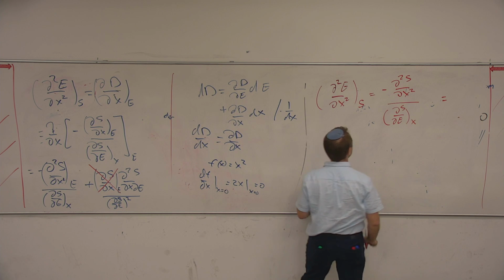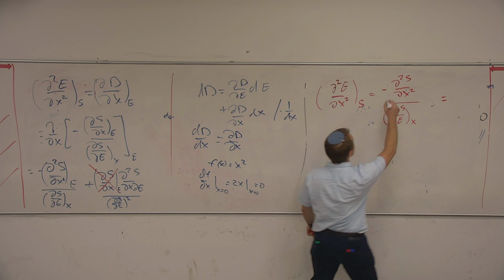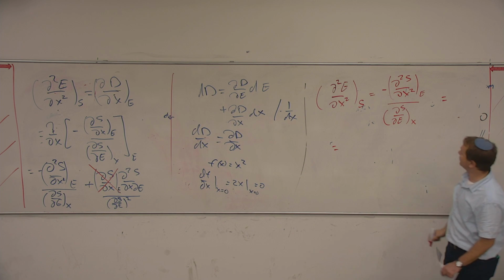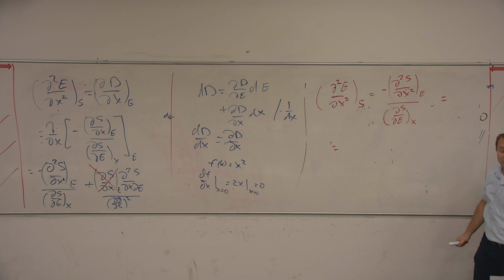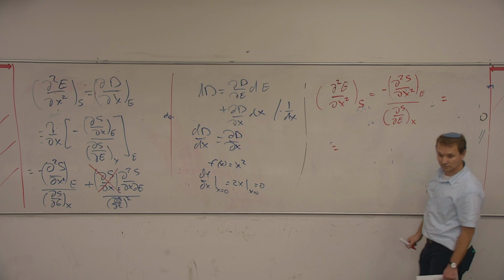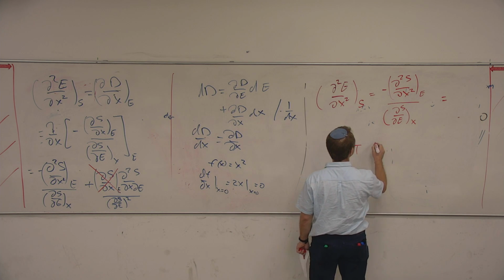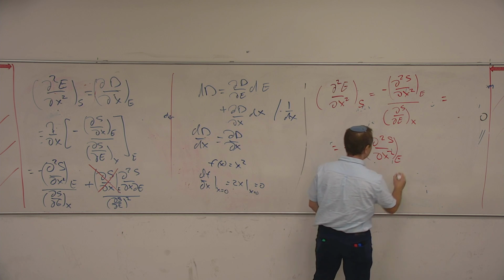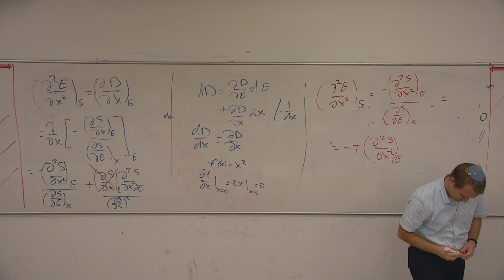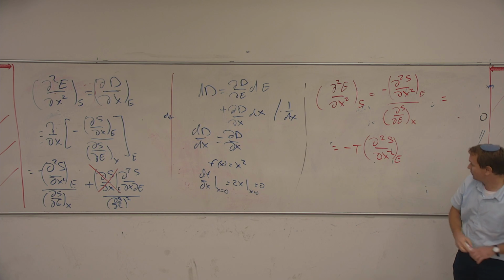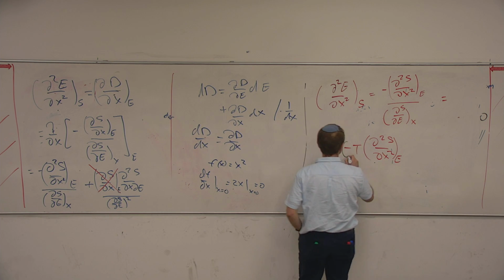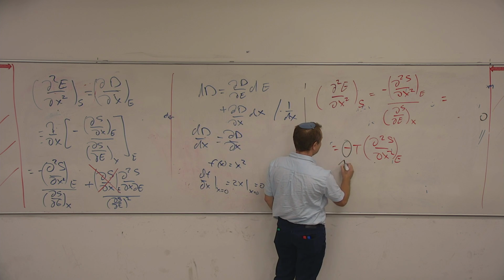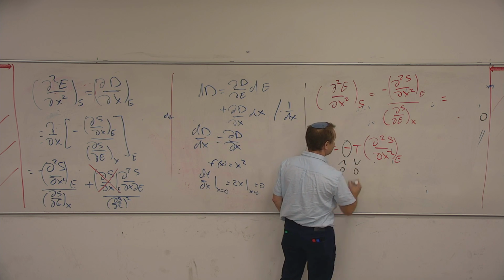Keep the energy constant. What is ∂s/∂E with x? The temperature. We have minus T ∂²s/∂x² at constant E. So this is minus. Temperature must be positive, so this is smaller than 0, and this is greater than 0.